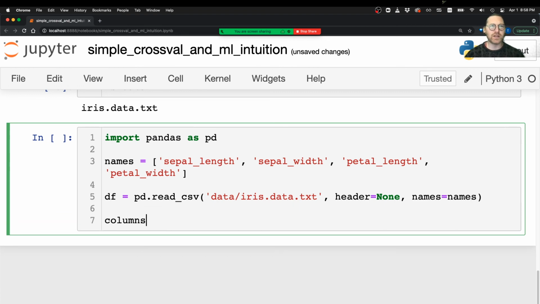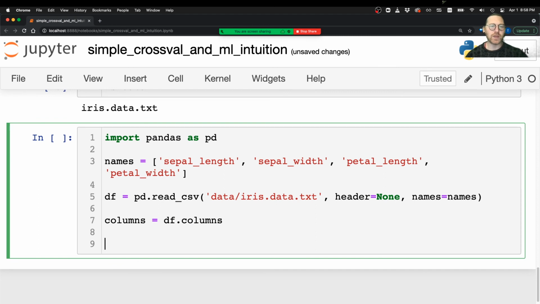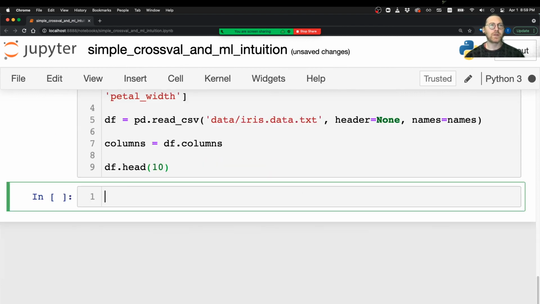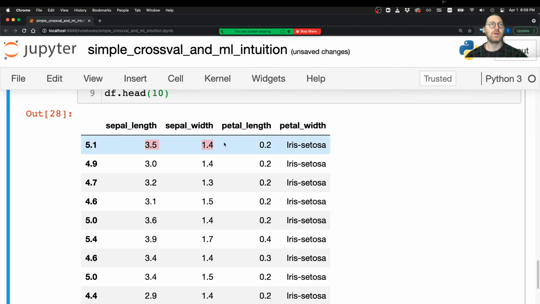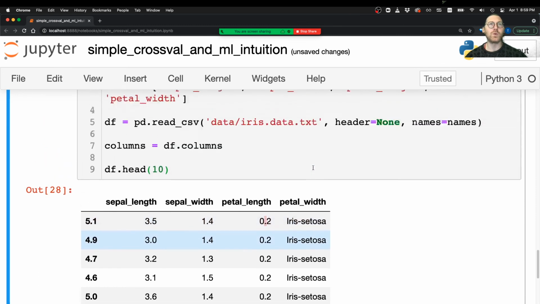I'm actually going to collect these column names into another variable called columns, even though I could just call df.columns or use names, but I'm just following a common paradigm I have. And let's look at the first 10 entries of this. So I'm using this df.head function, and we have a data frame that we can look at. So our sepal length, sepal width, petal length, and petal width, and oh, we're missing something.